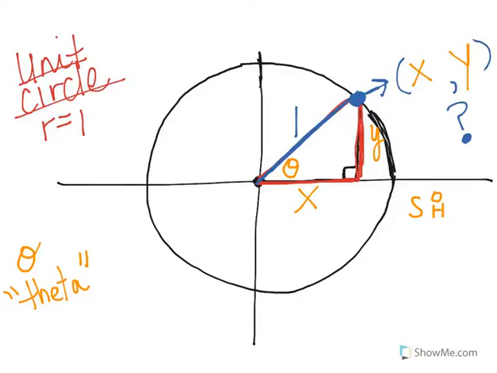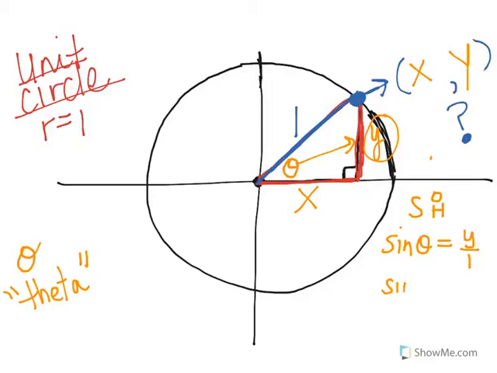We should understand that sine theta is the opposite side over the hypotenuse. So if we put everything together here, based on our triangle, sine theta is equal to the opposite side, which is y, over the hypotenuse, which is 1.